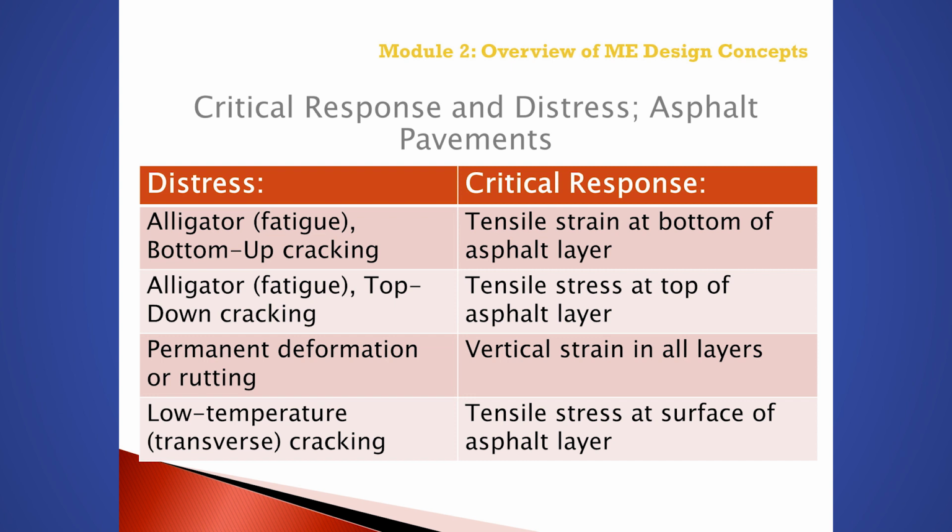Vertical compressive strain in all layers of the flexible pavement is used for predicting total rut depth measured at the surface. And tensile stress at the top of the asphalt layer is used to predict transverse cracks. The fundamental material laws and specific transfer functions for flexible or asphalt surface pavements are discussed and presented in Module 6.